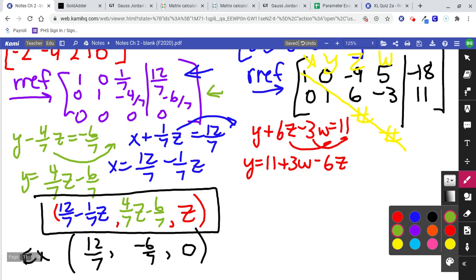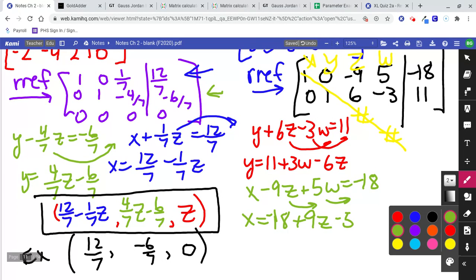The top row says x minus 9z plus 5w equals negative 18. I'm going to do the same thing. Move those terms over to isolate x. We'd have x equals negative 18 plus 9z minus 5w.